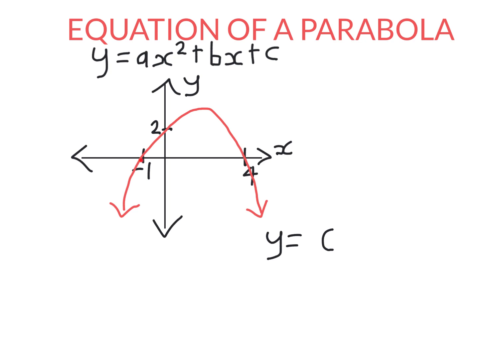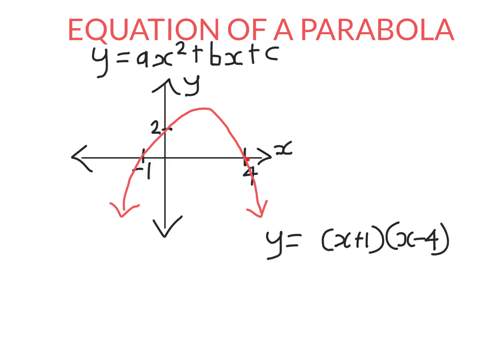If negative 1 is an x-intercept, that means x plus 1 is a factor, because negative 1 is the value for x that makes this first bracket equal 0. And similarly, if 4 is an x-intercept, then we must have x minus 4 as a factor, because if x equals 4, it will make this second bracket equal 0, and then y will equal 0.